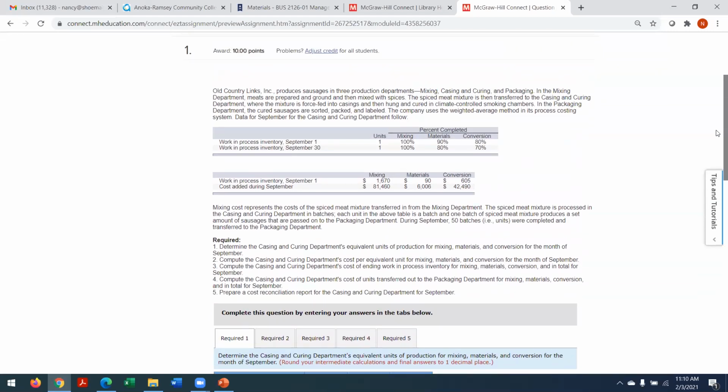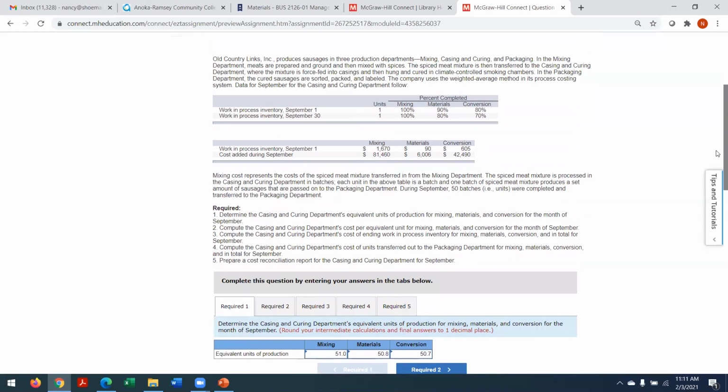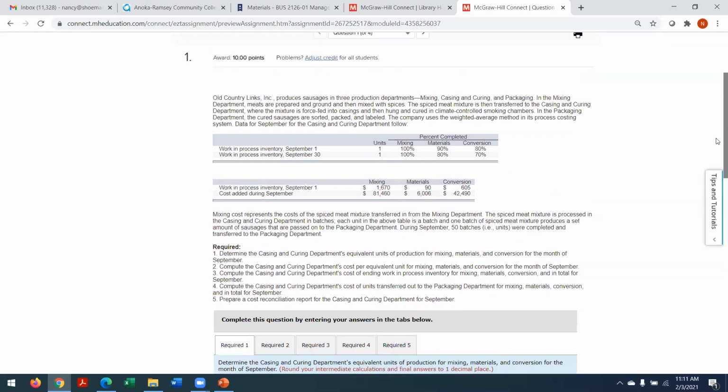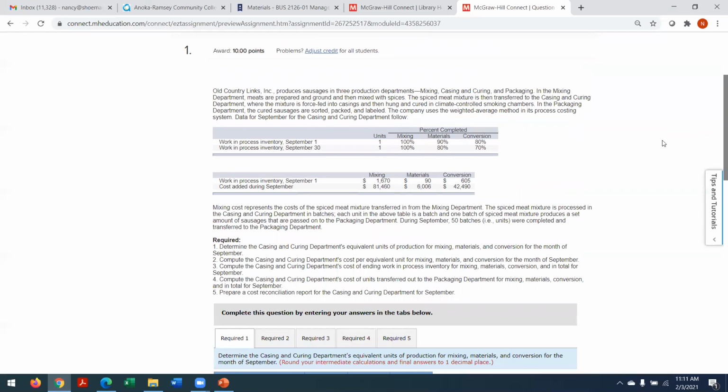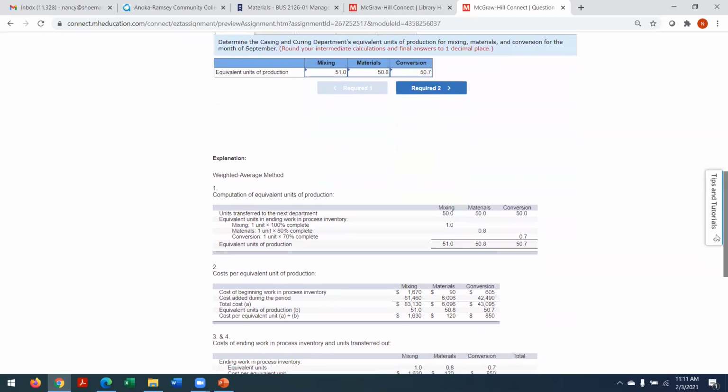We started with 50 units transferred out, I believe. Let me look and see here. During September, 50 batches were completed and transferred to the packaging department. So we know the units transferred to the next department: 50 units.